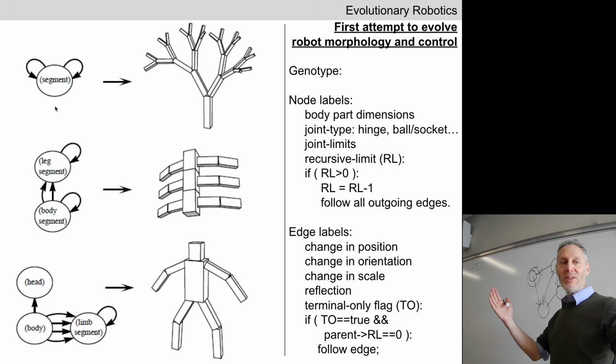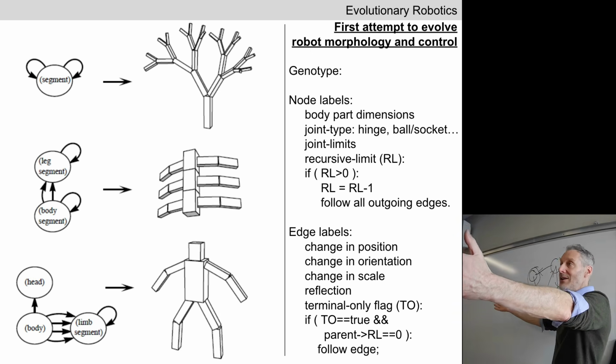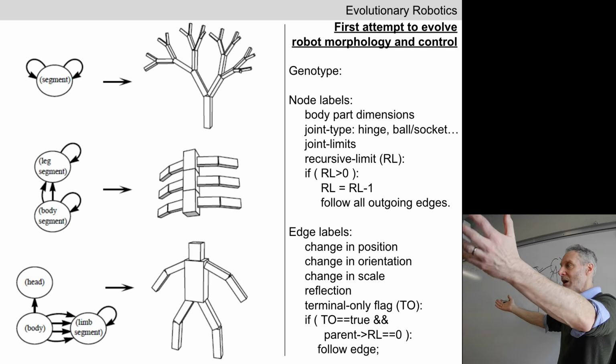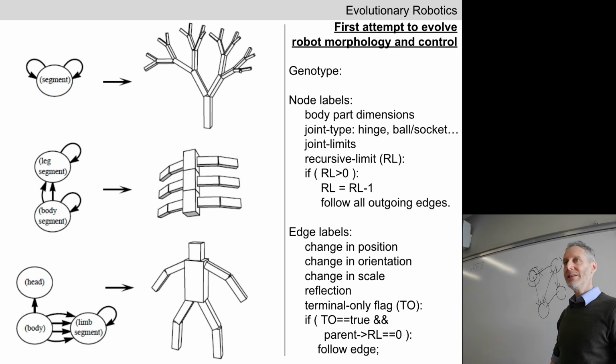Let's assume there's a random mutation that increases RL in the child. The child is going to be a tree like the parent, but it's going to be leafier than the parent. If that child produces 7 grandchildren that have different RL values, they're all going to be trees that are leafier or less leafier. Everybody see that?